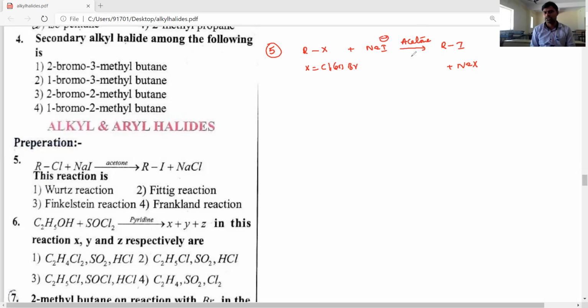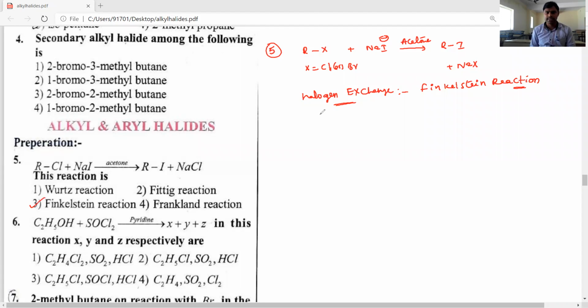This is a nucleophilic substitution reaction and a halogen exchange reaction. This reaction is known as the Finkelstein reaction. So the answer is the Finkelstein reaction.